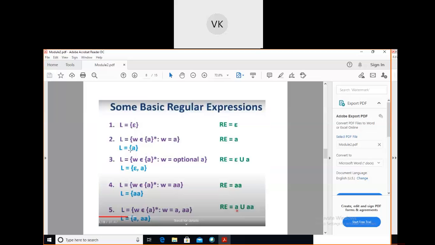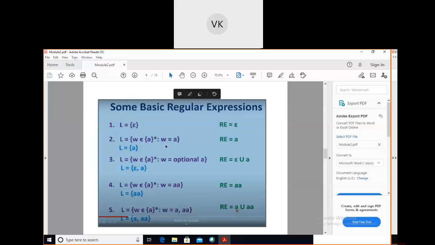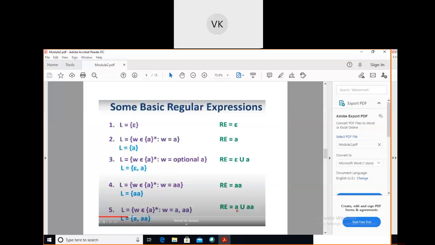Only the string a is going to be accepted by the finite state machine, so L is equal to a, and the regular expression is also a.